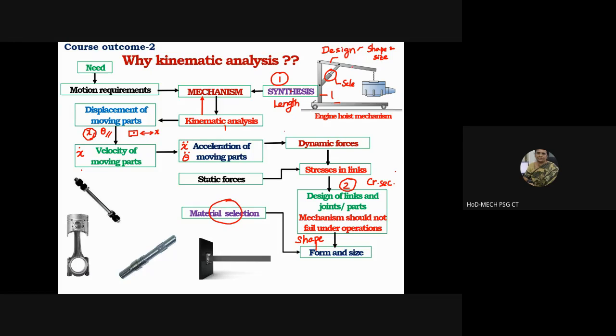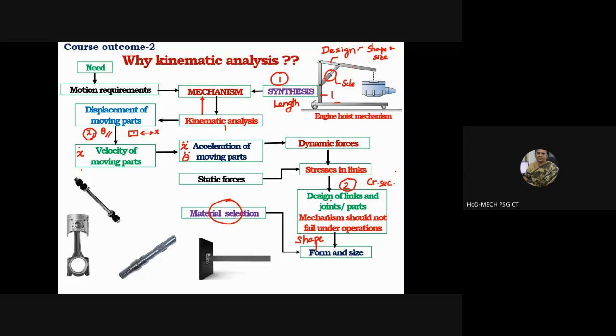Only then does the design of the mechanism become complete. When I say design of mechanism, I mean the design of various links and joints of the mechanism. This will be based on the constraint that the mechanism should not fail under operation.